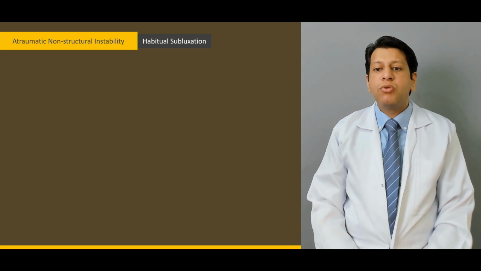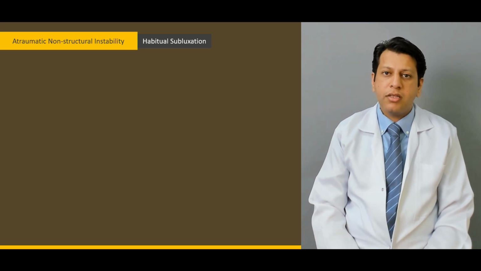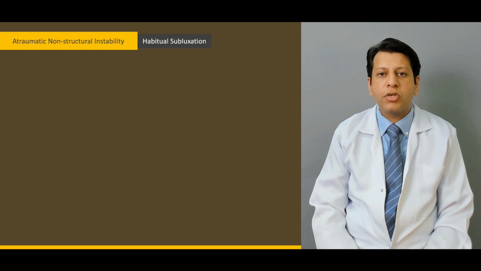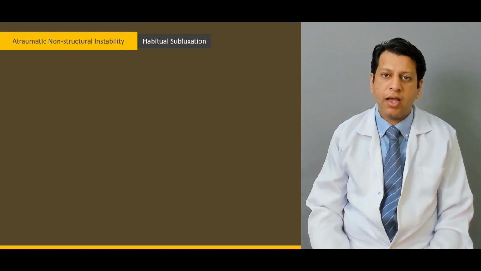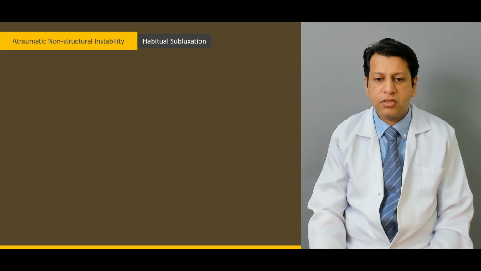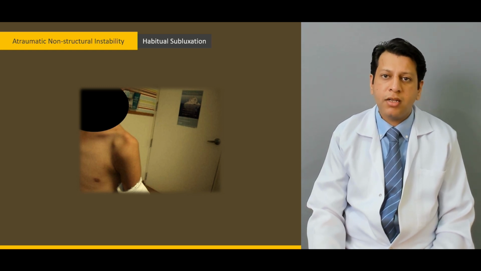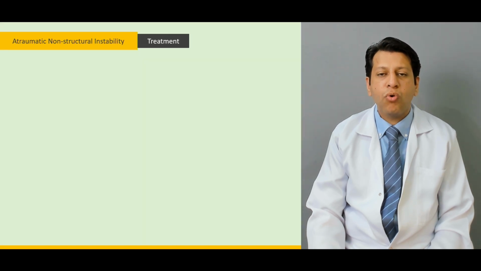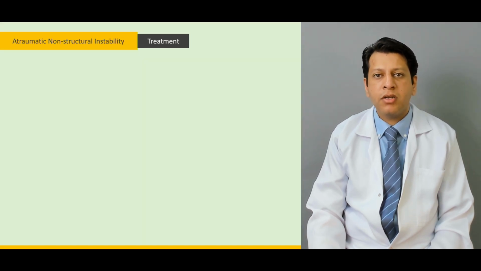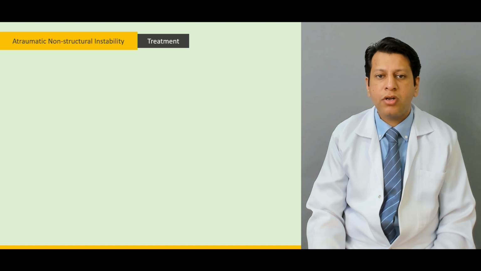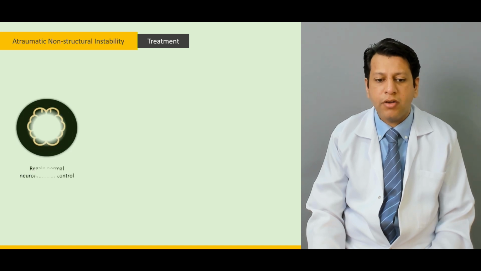Now coming to habitual subluxation. Usually this is associated with conditions in which the patient has a hypermobility or hyperlaxity syndrome, such as Ehlers-Danlos syndrome. In this kind of situation, this is also atraumatic and usually multidirectional. So the most important treatment is usually rehabilitation first, and then open surgery with inferior capsular shift.